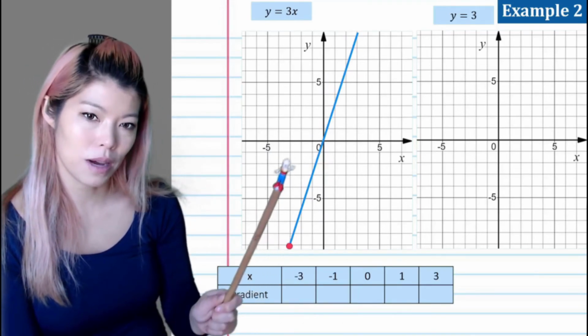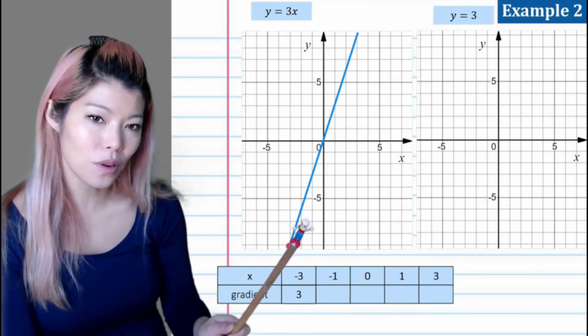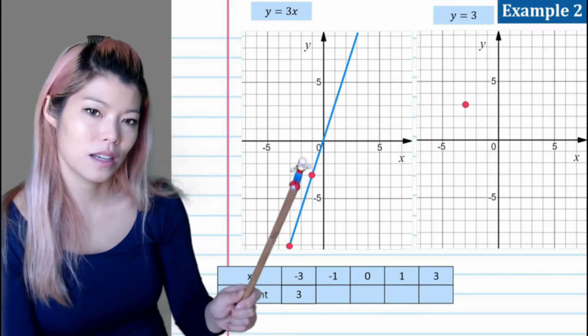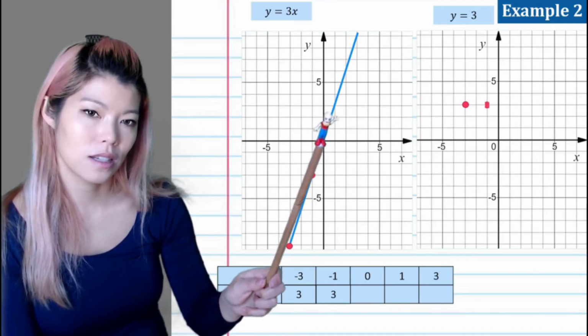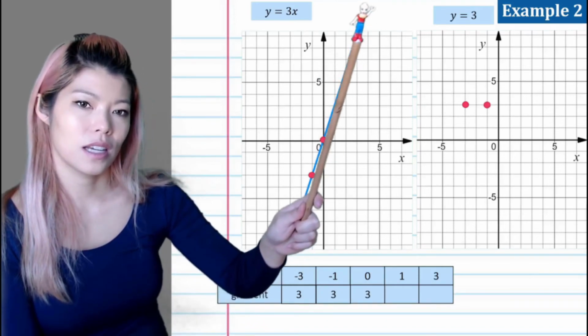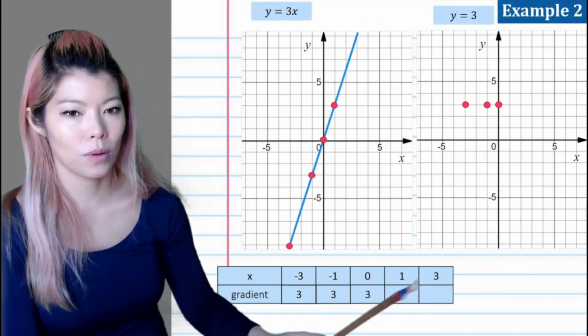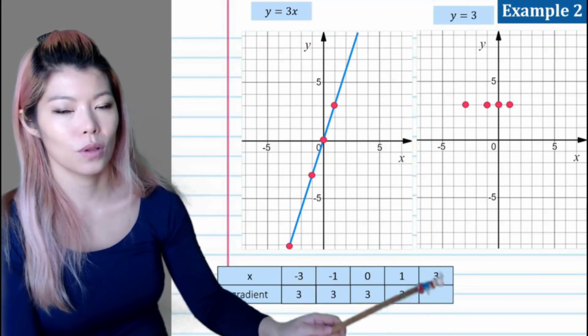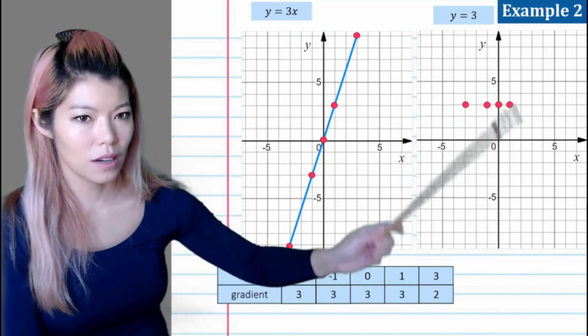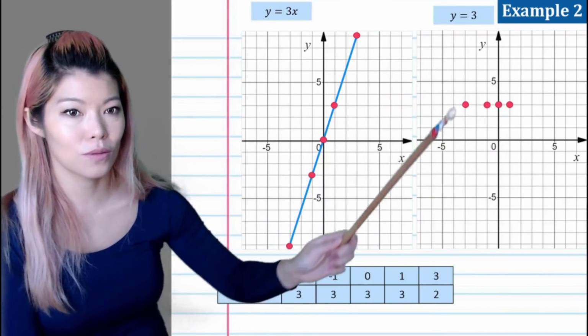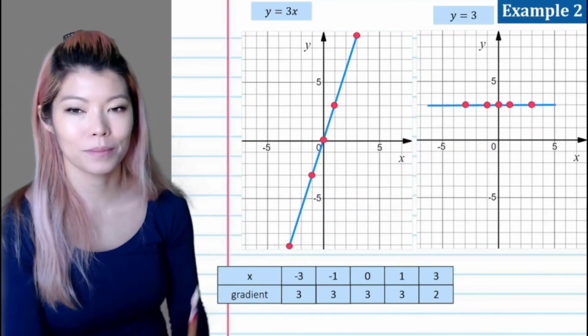At -3, we can see the gradient is 3. At -1, the gradient is still 3. At 0, the gradient is still 3, etc. So it doesn't matter what points we pick, the gradient will always be 3. And we can see that the gradient function of the original function will be a straight line.